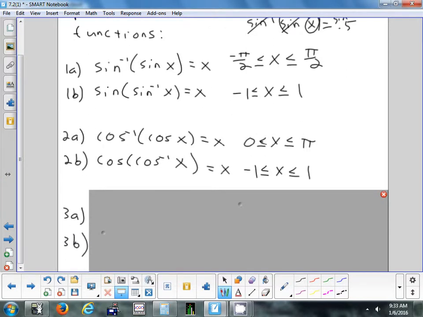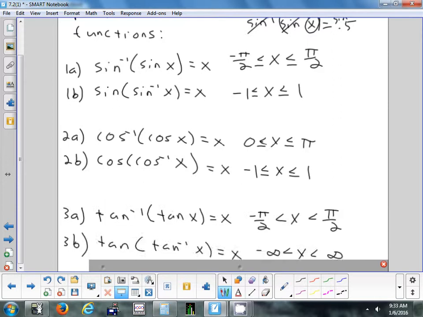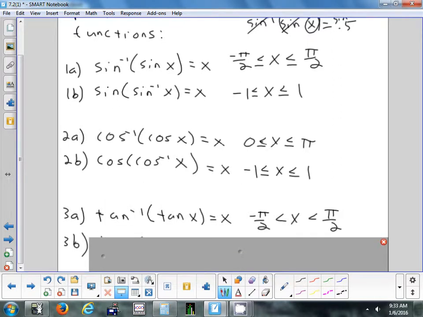And if you want to try it on your calculator, you can just plug in some numbers and try them. All right, and the last formula, okay, inverse tangent will cancel out regular tangent. And the answer will be whatever is right there, as long as your angle is between negative 90 and 90.